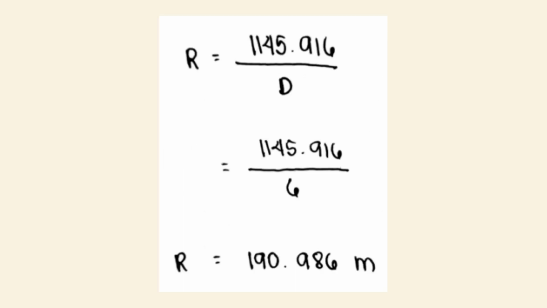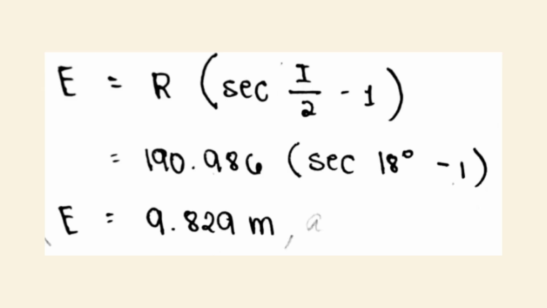So for A, we need to solve for the external distance or E. Before that, we need to solve first for the radius. Radius in arc basis is solved as 1145.916 divided by the degree of the curve. Substituting given values, we have R is equal to 190.986 meters.